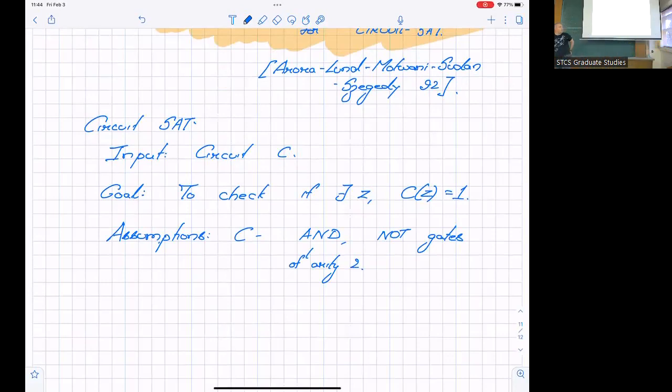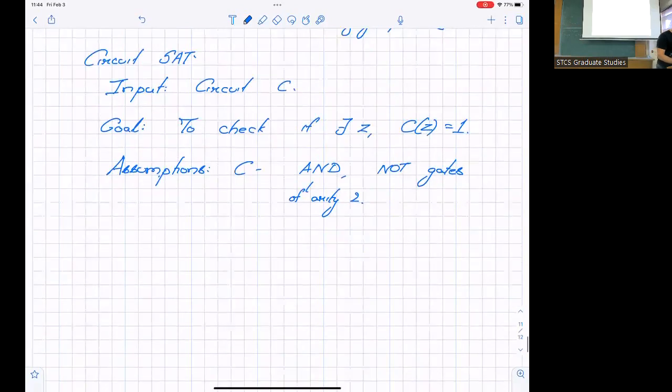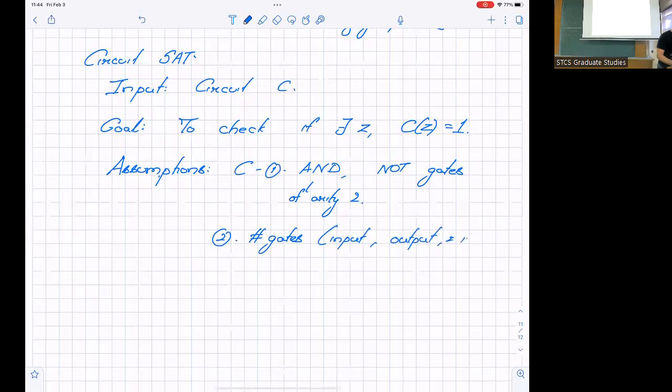So we have this object. Then the number of gates, including the input gates, the output gate, and internal gates.